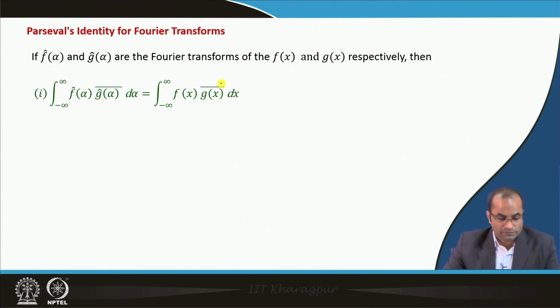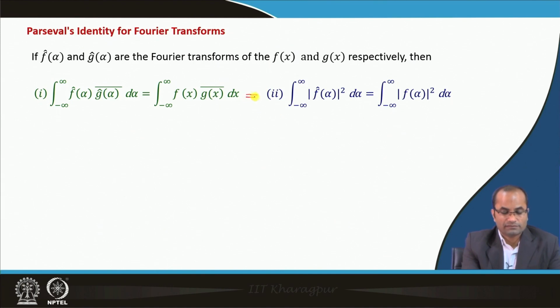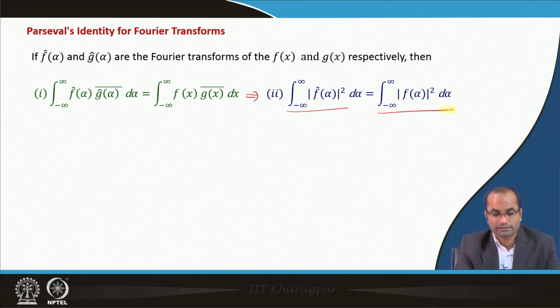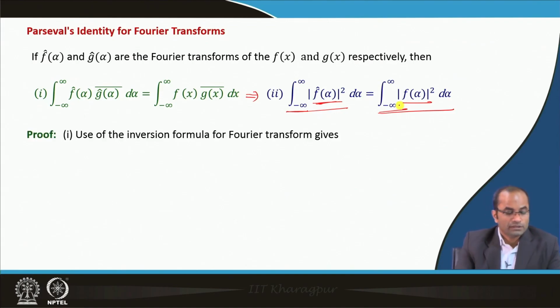That is the result of Parseval's identity for the Fourier transform, and as a special case we can also write this as the integral of the absolute value squared of f hat equal to the integral of the absolute value squared of f, both from minus infinity to plus infinity.